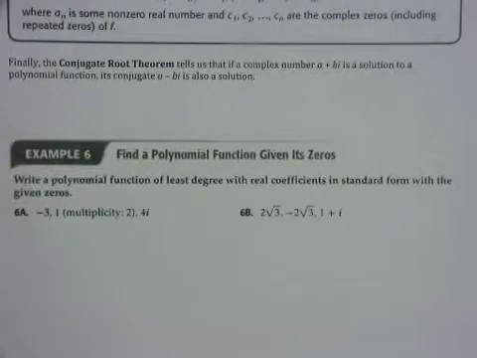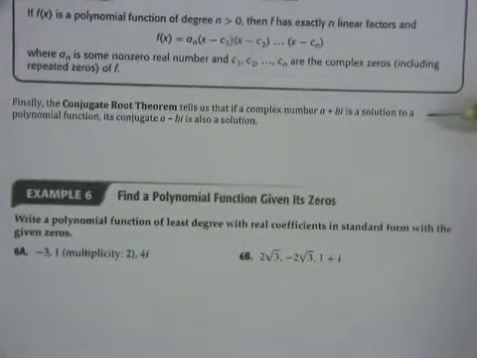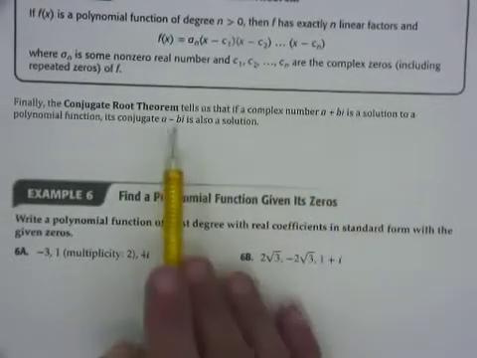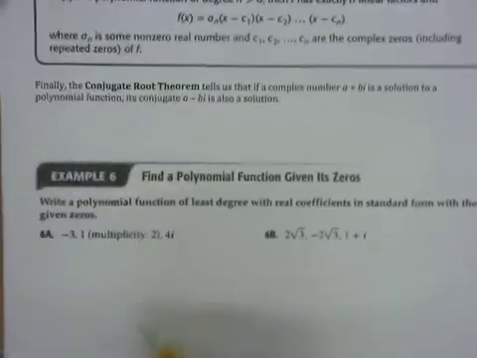We're given the zeros of a polynomial function, and we're asked to write the polynomial function for it. And finally, one thing that's helpful for us to keep in mind is that if a complex number is a solution to a polynomial function, its conjugate will also be a solution.